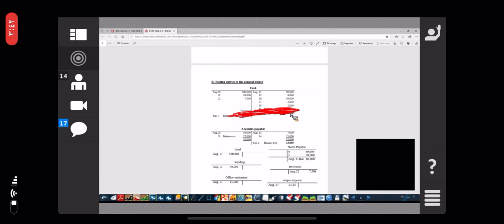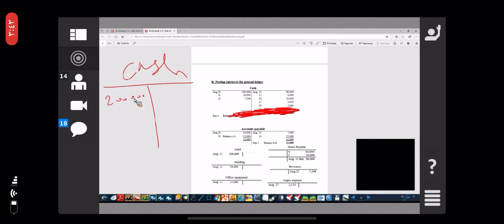You posted them from the journal entries. Okay, clear? After that, what will you do? You need to find the total amount in the debit and the total amount in the credit. Okay, VC? This is the T account for cash. I will just copy and paste.